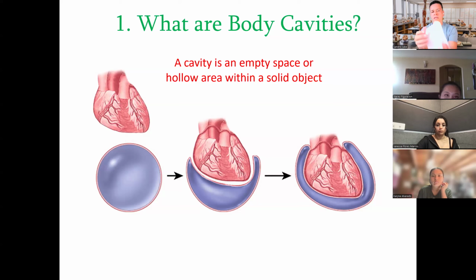Where my finger is. In between the folded membrane, there's a space right there. This space is a cavity. And that cavity is going to be filled with fluid, and the fluid helps to protect the surface of the organs. Okay?